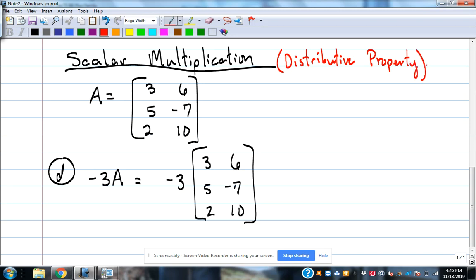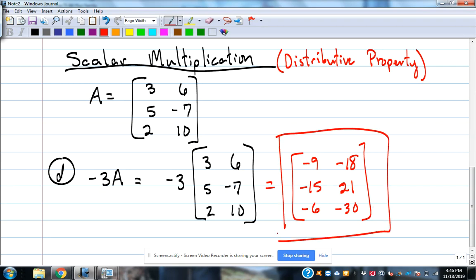You can't call it that, but that's the way your brain wants to work with it. All right, so we're going to multiply every single element by the negative 3, and that's going to give us our solution to that operation. So negative 9, negative 18, negative 15, positive 21, negative 6, negative 30. And there's our solution.